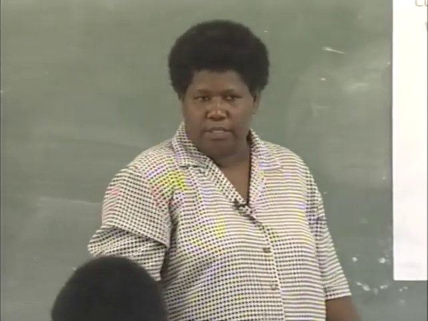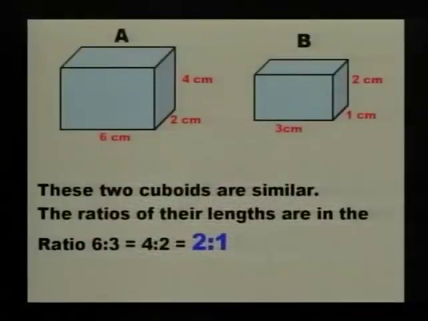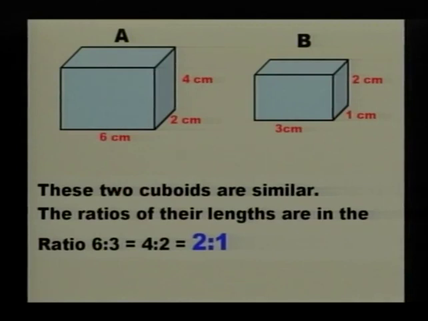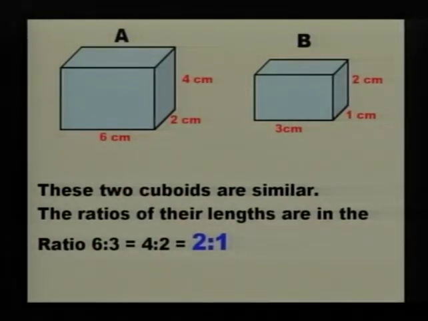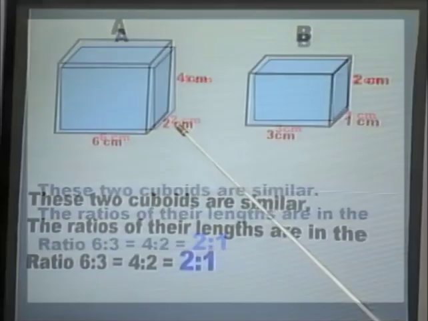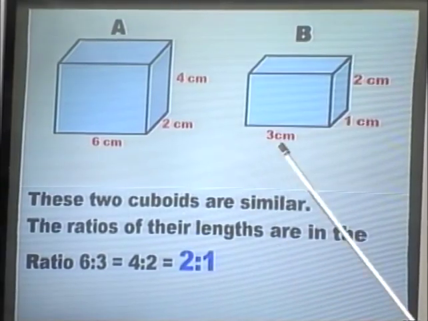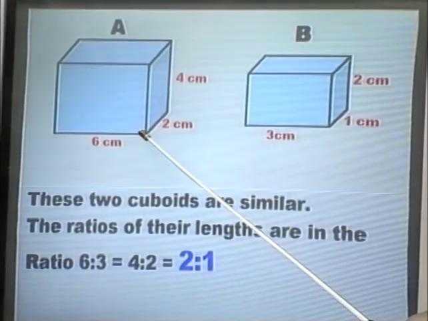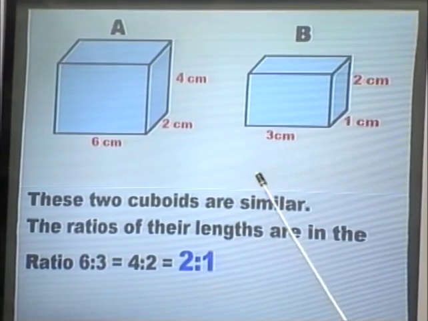Okay, if these two cuboids, A and B, are similar, that means their lengths should be in the same ratio. As you can see, the heights are in the ratio 4:2, which is the same as the ratio of their widths, which is 2:1, which is also the same as the ratio of their lengths, which is 6:3.